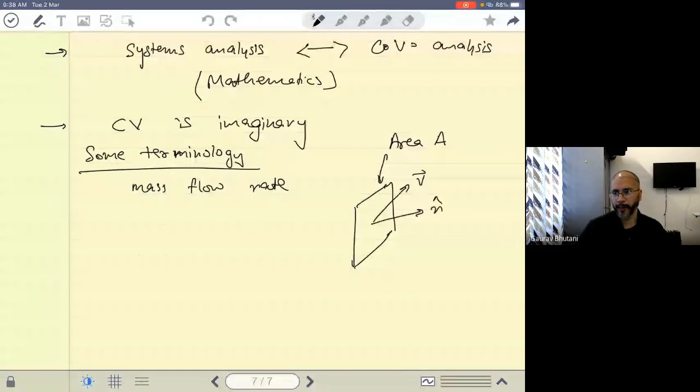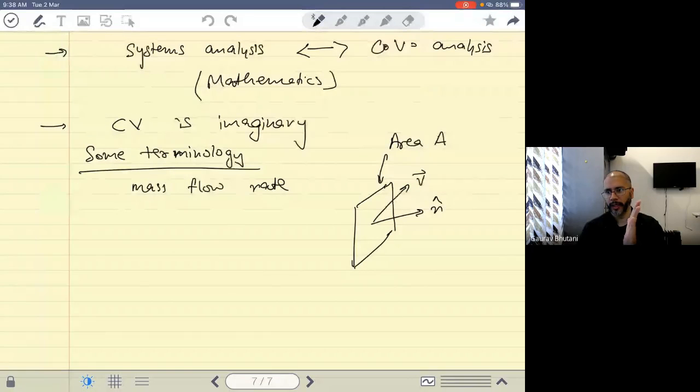Okay. And the fluid that is flowing out of a surface is not flowing normal, it is flowing at an angle, and that is completely possible. It can happen that the fluid is flowing at some angle out of the surface. Now, if I had to find the mass flow rate in this case, how will I find that?